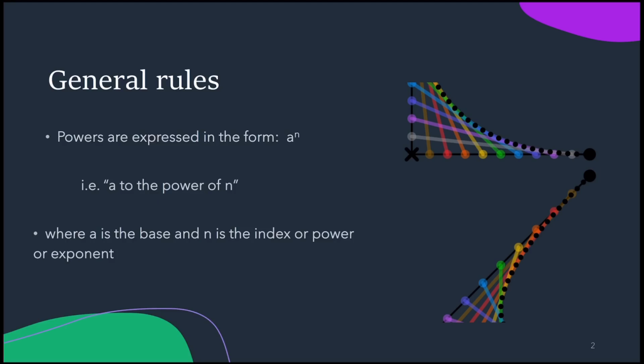Okay, so these are the rules as usual for powers or exponentials. This is the format: a to the power of n. This is how you read it. You read a to the power of n. This is the base of this term. So something like 3 to the power of 2 means 3 by 3, so 3 is multiplied twice.